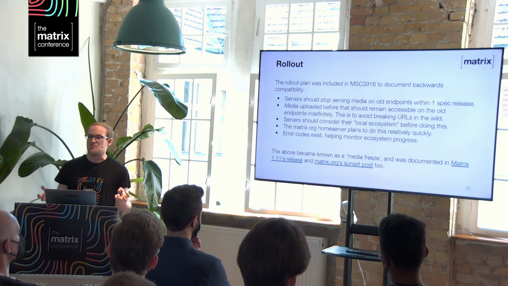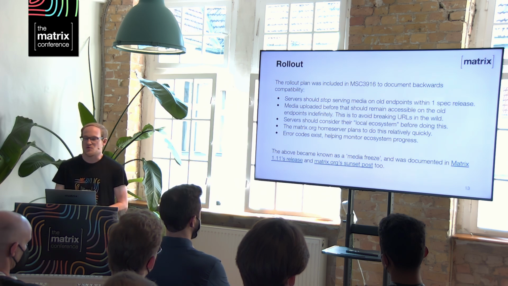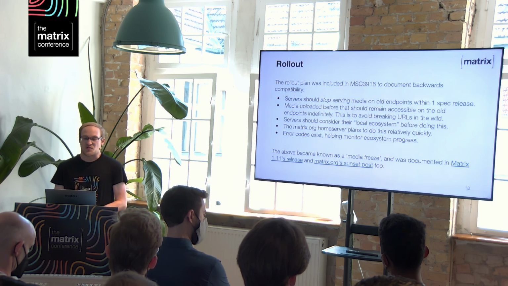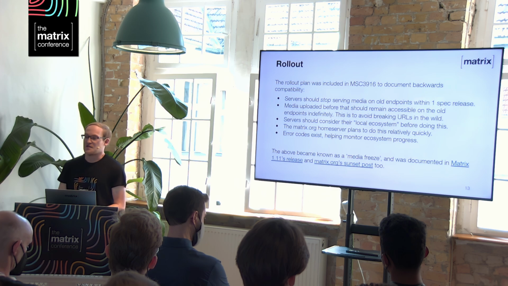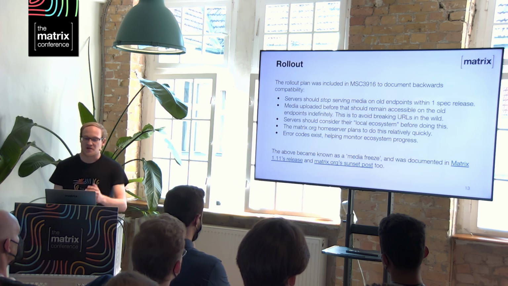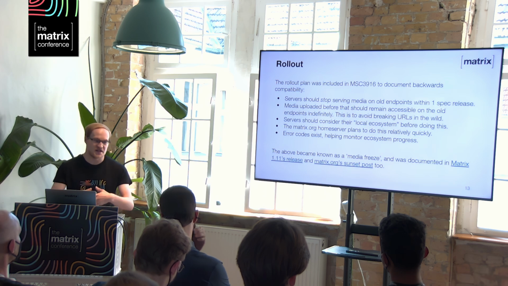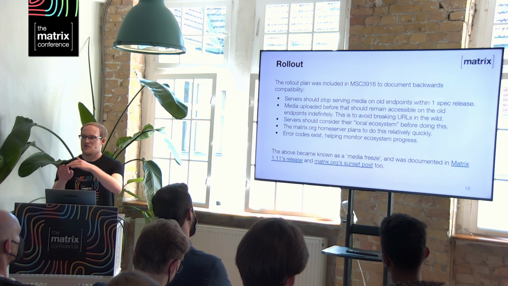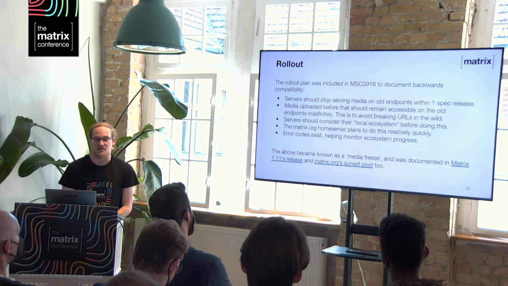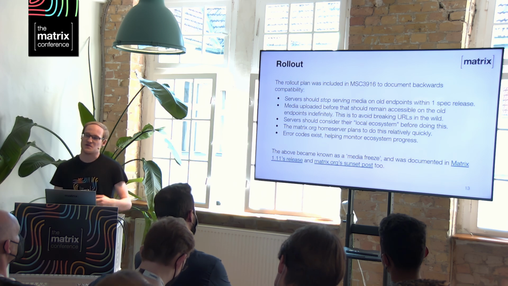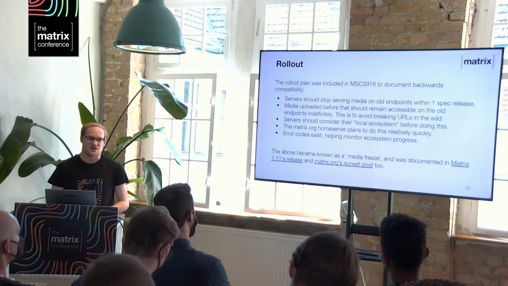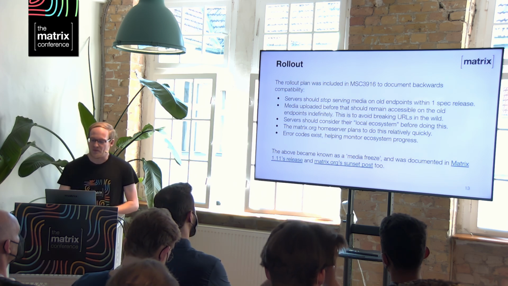We called all of this the media freeze. So the freeze date is when media is no longer accessible on the old endpoints. It's only accessible on the authenticated endpoints. And yeah, we documented in the 1.11 release, and about a week later, we put out the dedicated sunset post, which outlined all of this. If you haven't read it yet, I do recommend giving it a read, because it does outline quite a bit of the rationale behind authenticated media as well.